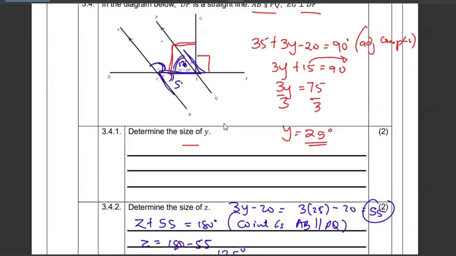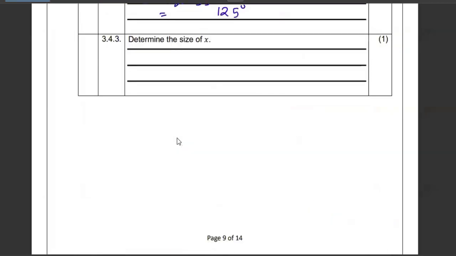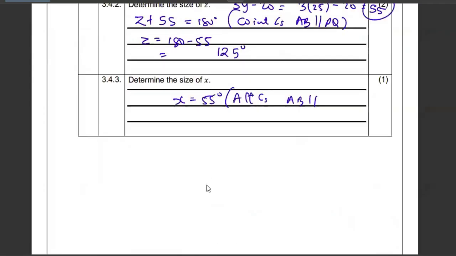Okay, so that's also 55. So we're going to say that X is 55. Alternate angles, we said AB is parallel to PQ. Alternatively, since you have the 125, we can say X is 55. Adjacent supplementary angles or angles on a straight line.